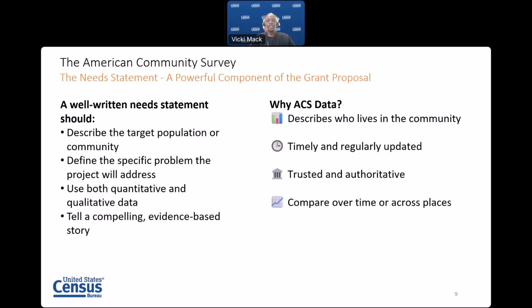ACS data shines in this section because it describes who lives in the community. It is timely and regularly updated. It's a trusted and authoritative source. It's recognized by private foundations and government agencies alike. And it supports comparisons across time, between communities, or against broader benchmarks like county versus state versus national averages.